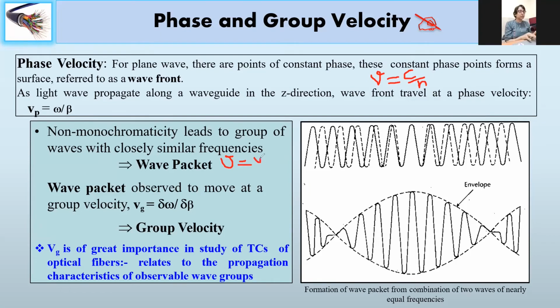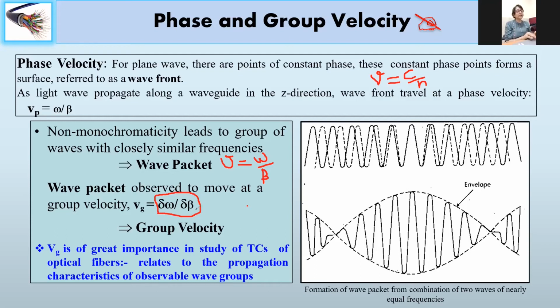it is omega by beta, where omega is 2 pi f, beta being the propagation constant, which is another definition. And the group velocity, as you see, is the rate of change of your omega with respect to your propagation constant. Okay, the phase velocity is omega by beta, and the group velocity is the rate of change of omega with respect to your beta.